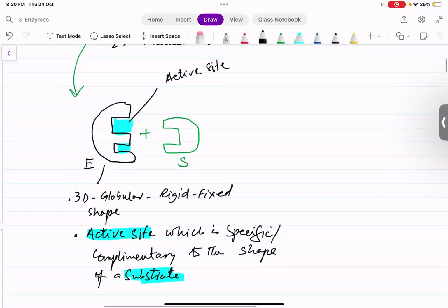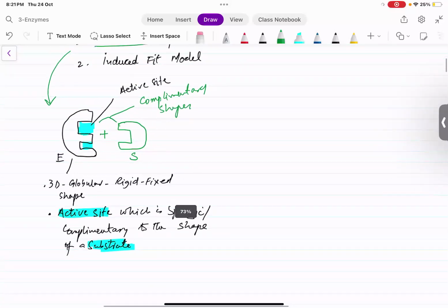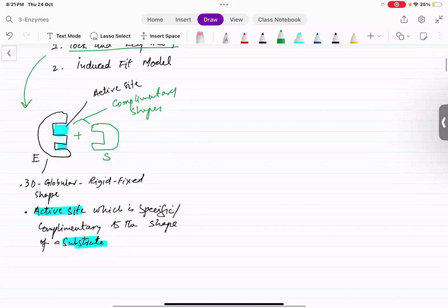If you look at the shapes of this substrate and this active site, they are both complementary shapes. In a solution, enzymes and substrate molecules are in continuous motion due to the kinetic energy present in them. These molecules are constantly colliding with each other, and as a result of collision, it is likely that substrate molecules can bind into the active site of an enzyme.